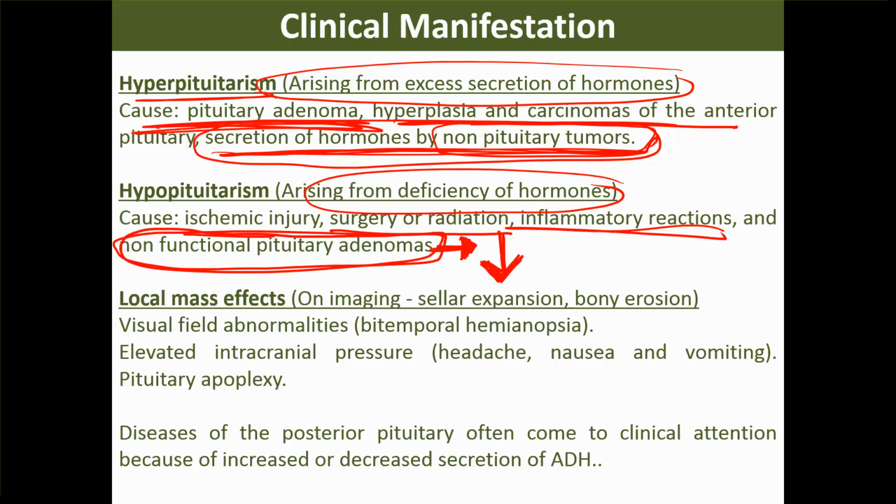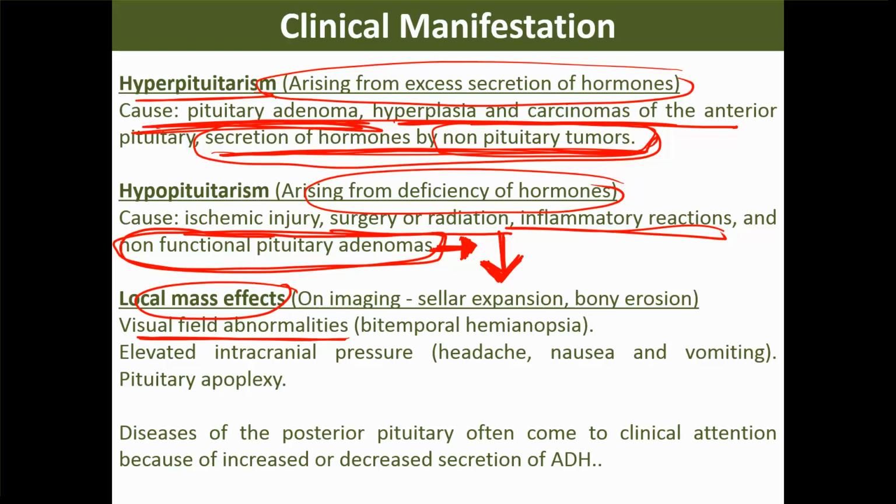However, whether they are functional or non-functional, if they produce a mass effect, then they will produce certain characteristic signs. The pituitary gland is near to the area which is connected for vision. Inshallah, we will discuss more about the areas surrounding the pituitary and what type of tissue they are, how they are related with the optic nerve and optic chiasma and vision.